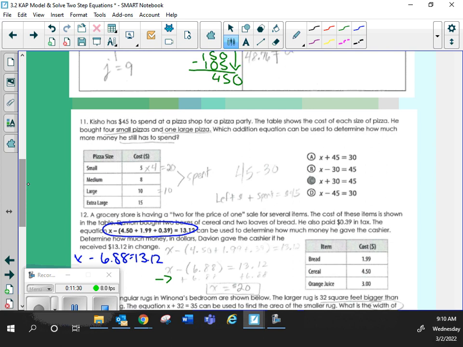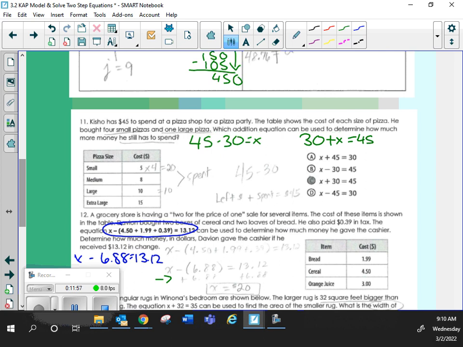So again, you might have written it like the one we just talked about. You might have thought of it as 45 minus 30, and that gives you x amount left to spend. But you want the operation to be happening to x. So instead, you could think, okay, it's going to be the cost of those pieces that I bought plus however much I have left to spend, and those two together should equal 45.